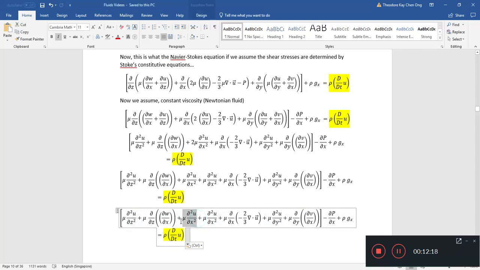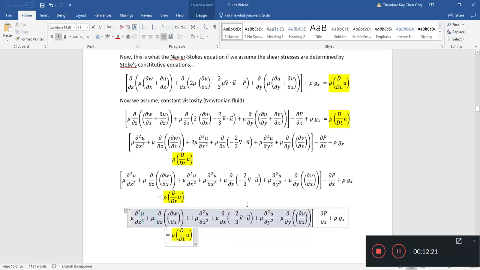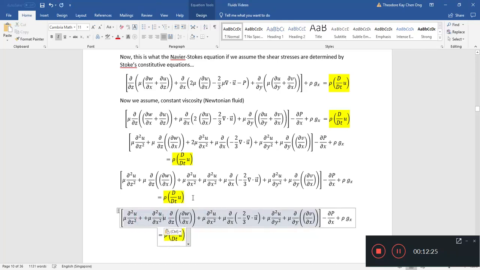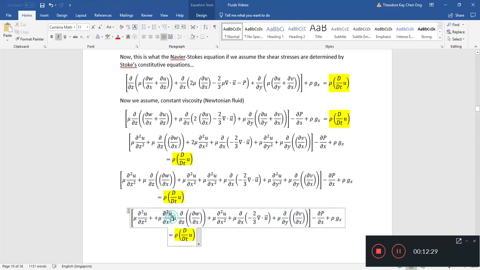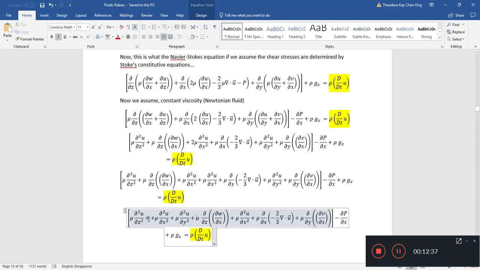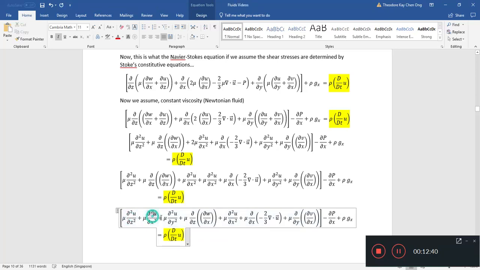So I'm going to rearrange once here, and paste it here. So 1, 2, and 3. Then the rest we are leaving alone.